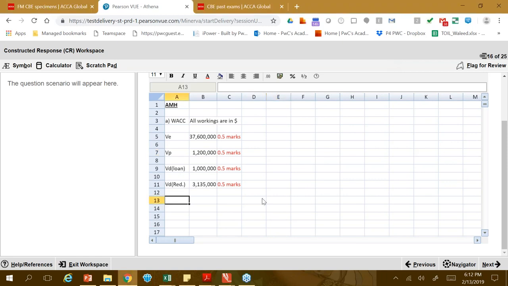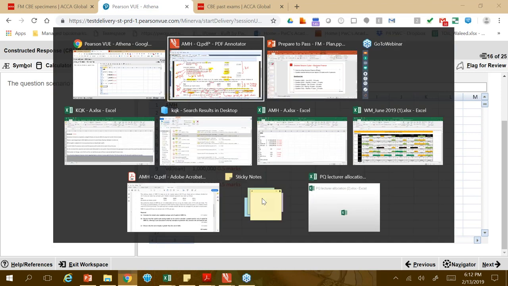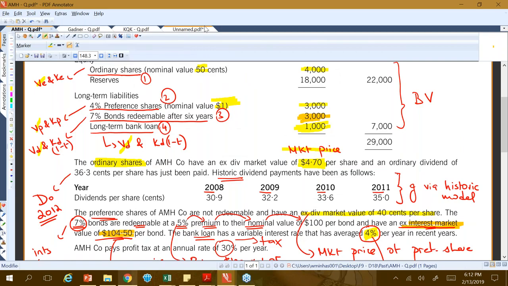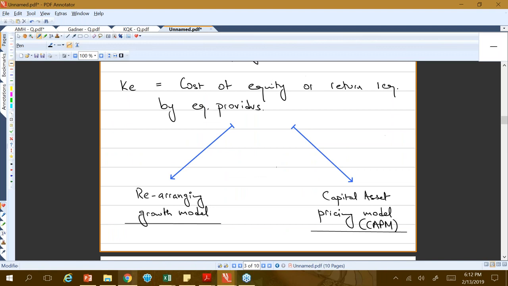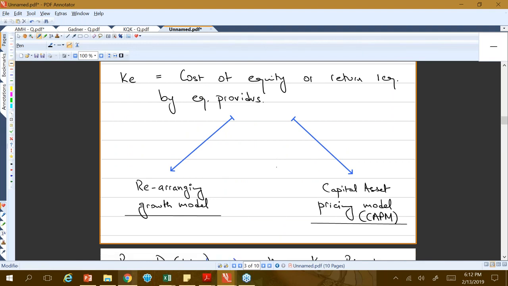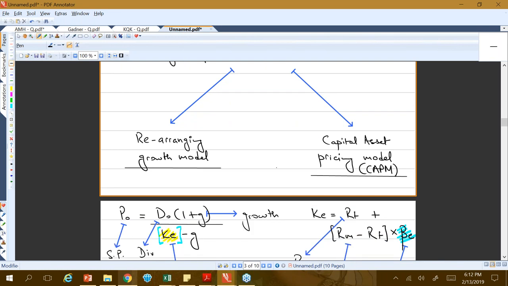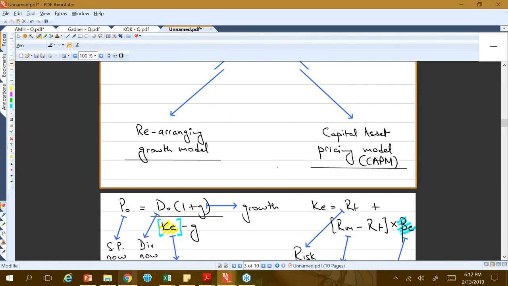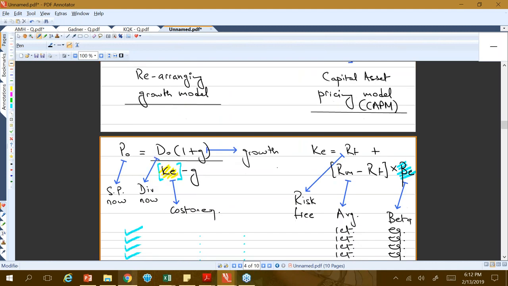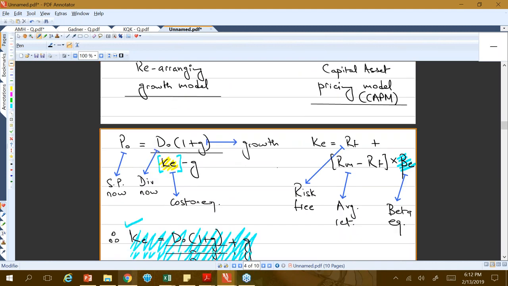Let's go into the next part. Now, what I need you to do is focus on the cost part. So first of all, we are working out the cost of equity. Now, can you tell me here that in this question, was the information available to compute the cost of equity using the rearrangement of the growth model or the capital asset pricing model?